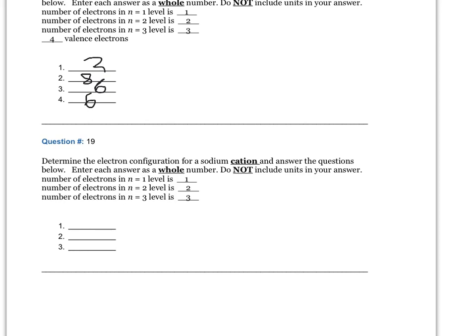Blank 1, number of electrons in an n equals 1 level is 2. Blank 2, number of electrons in an n equals 2 level is 8. Number of electrons in the n equals 3 level is 0.